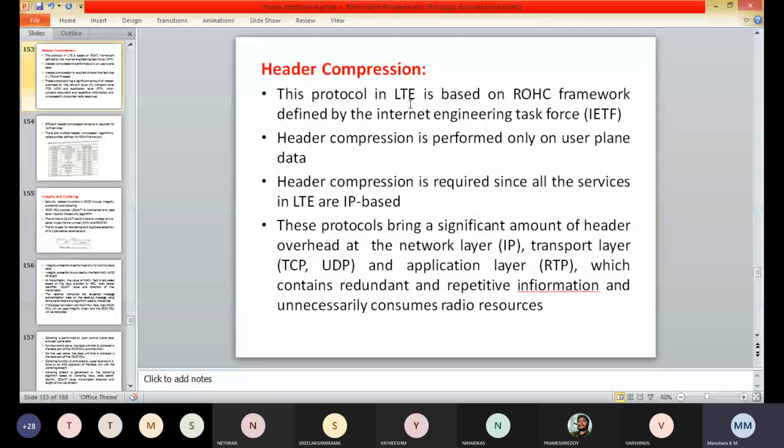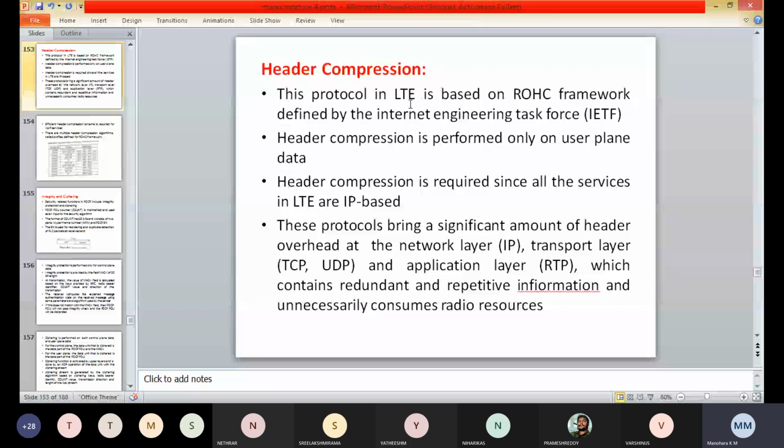So here the PDCP entities are configured by the upper layers to use the header compression, which is only performed on the user plane data. So here is the need for the header compression. All the services in LTE are IP based and are based on the framework of IP and other related protocols.